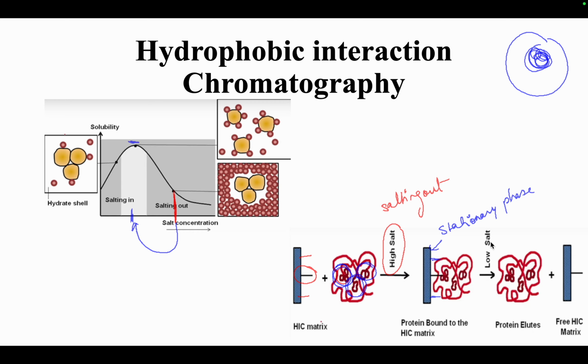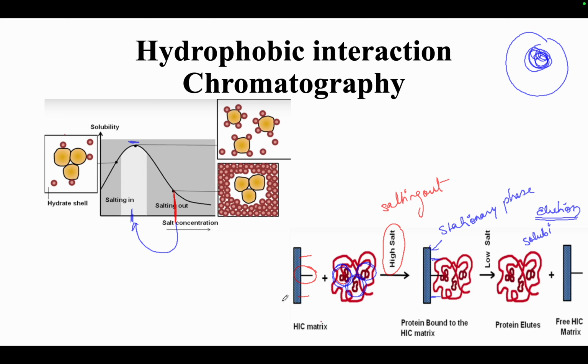So all the hydrophobic residues will again go inside, and the solubility will increase. And the protein will no longer be bound. So this is how we elute the protein. This is how we use this hydrophobic interaction to elute out the protein.